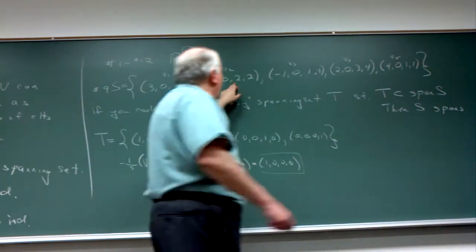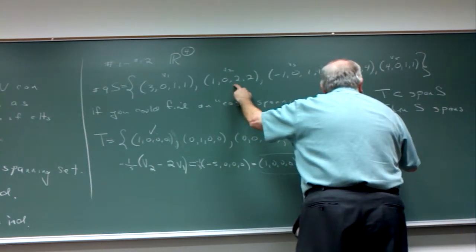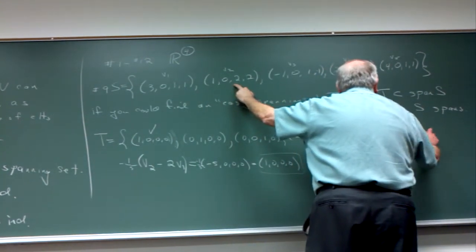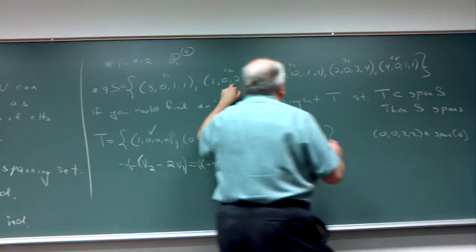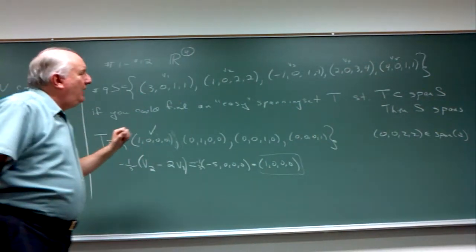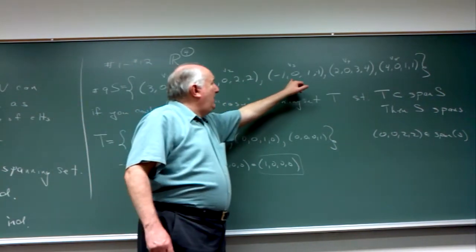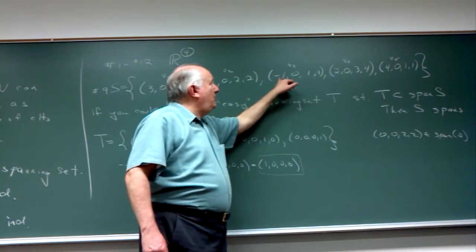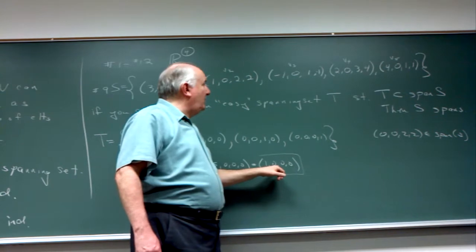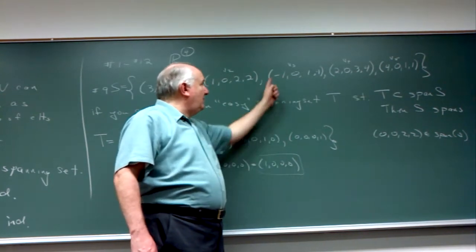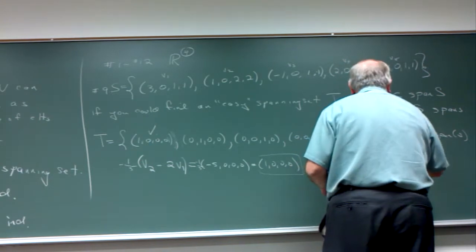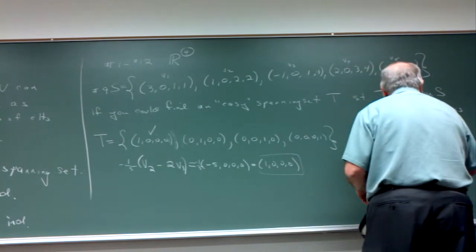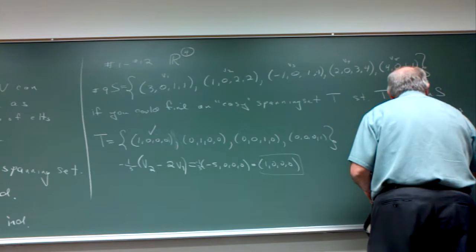So that says that 0, 0, 2, 2 is in the span of S. And notice, I can kill the 1 here off because this is in the span of S. If I add this to this, I get 0, 0, 1, -1, which is in the span of S.